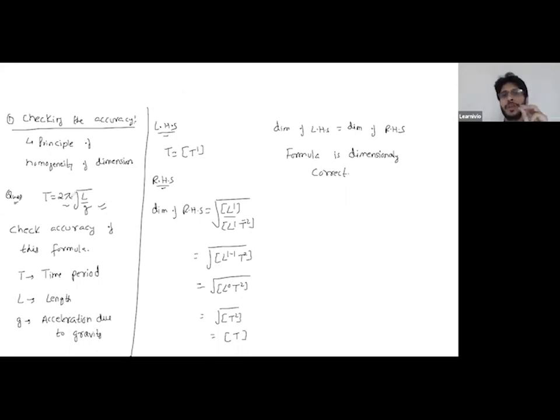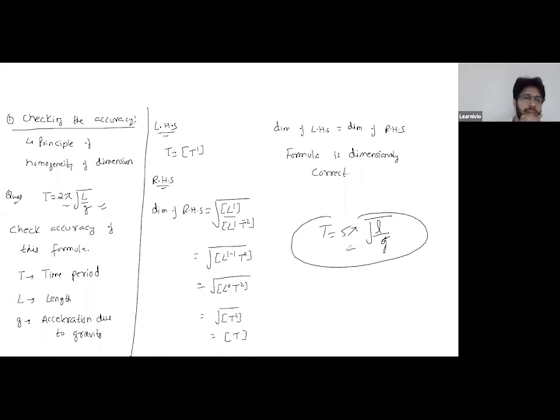Remember, dimensionally, we can just check whether your formula is dimensionally correct or wrong. A dimensionally correct formula could be wrong due to a constant. In the actual formula, this is 2 pi. Instead of 2 pi, if I say it's 5 pi root over L by G, is it dimensionally correct or wrong?